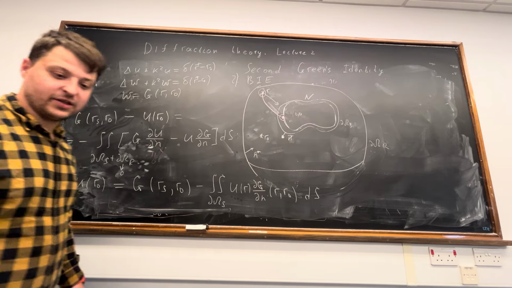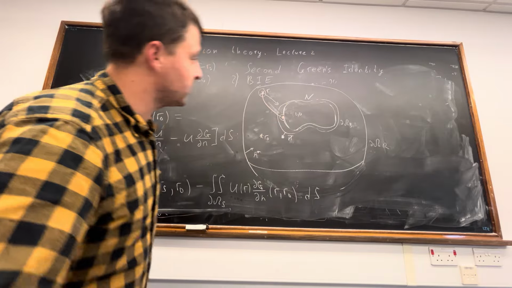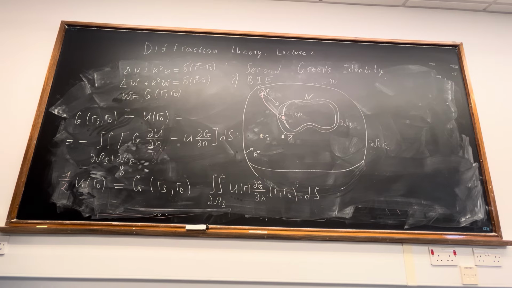As you can see, for outer scattering problems, this method is quite nice, because I don't need to solve my equation numerically everywhere. I just solve a, I can say, complicated equation, but just on the surface.